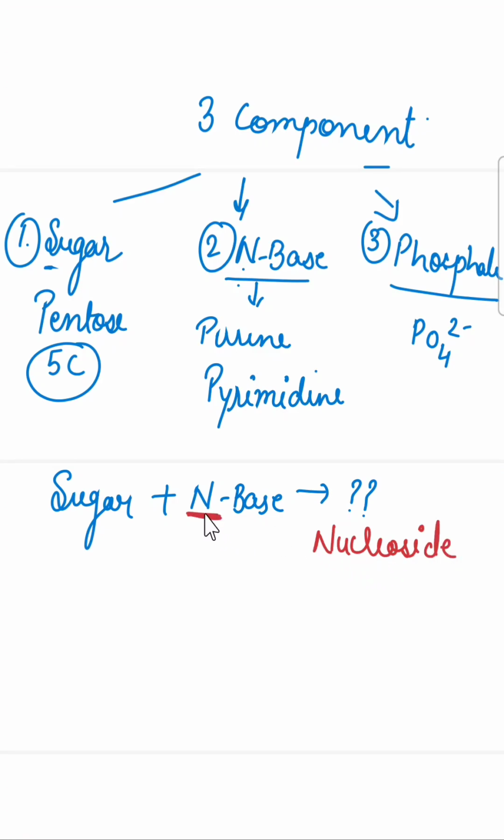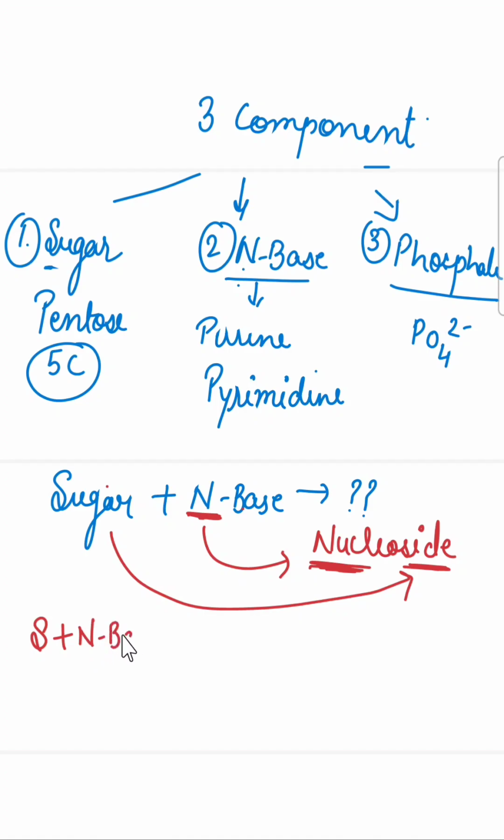Look, N means nucleo, and side we get from the sugar. When sugar and any nitrogenous base combine together, it forms the nucleoside. And sugar plus nitrogenous base plus phosphate group is collectively called a nucleotide.